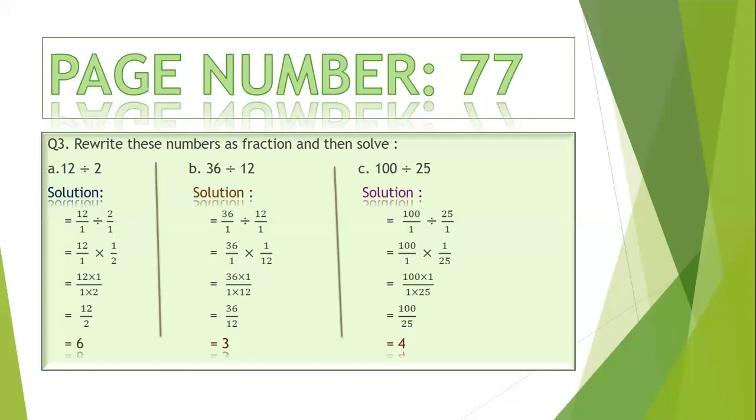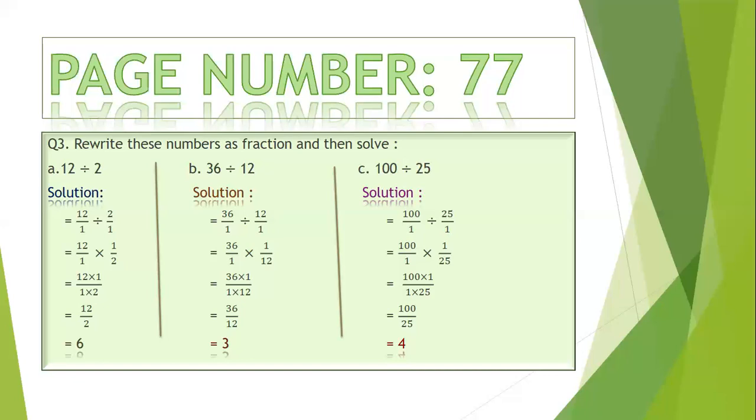100 means 100 over 1 divided by 25 over 1. When we write 1 under there, they will become a fraction. Now according to the rule of division, what happened? Good. We convert the division into the multiplication and the fraction after the division will be changed into the reciprocal. 100 over 1 multiply 1 over 25.